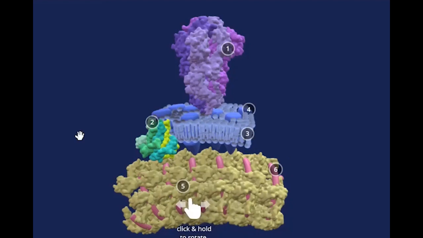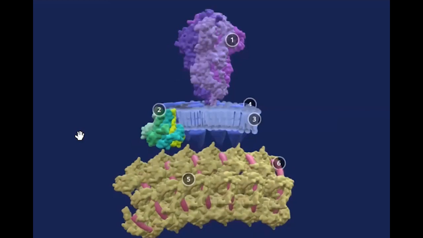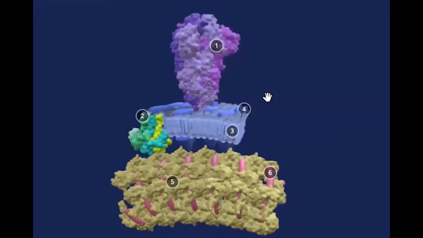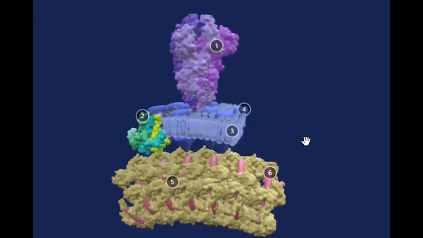Based on the dimensions in the scientific literature that was available at the time, I was able to model each element so that it's at the correct size in proportion to the other elements of the virus, and that the overall size of the virus, its diameter, the diameter of the spikes is accurate. I mean, again, no doubt this could be tweaked as further research happens.